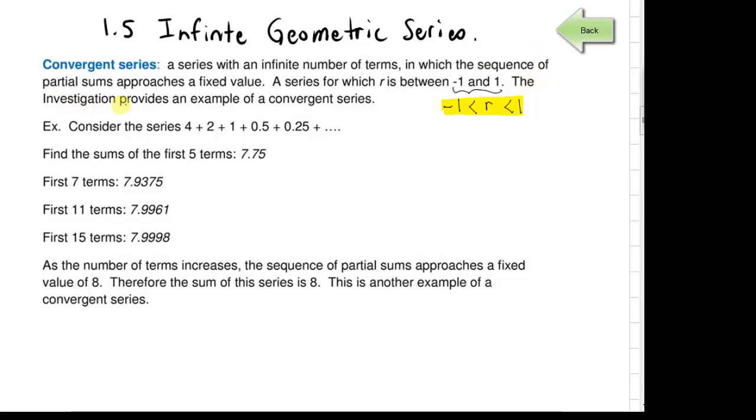The investigation provides an example of a convergent series. The investigation is the one that you did in class last day. I will just remind you of what that was.